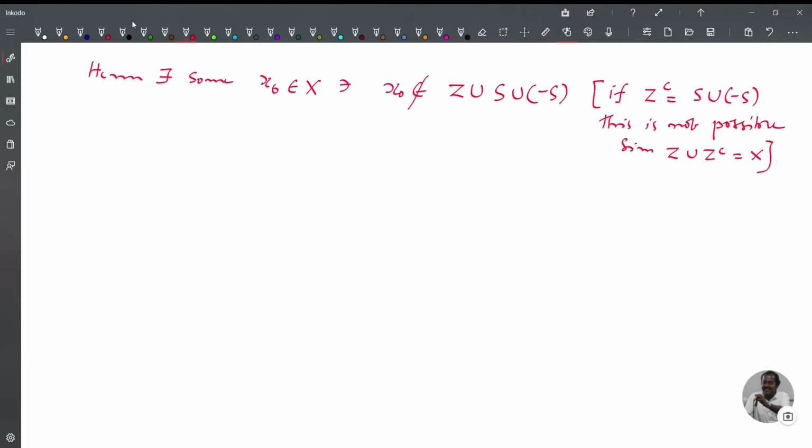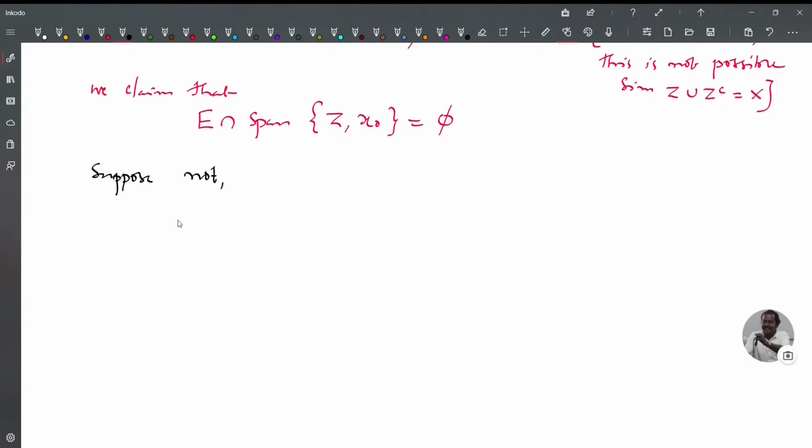So we claim that E intersection span Z X naught equal to phi. So we can suppose not.